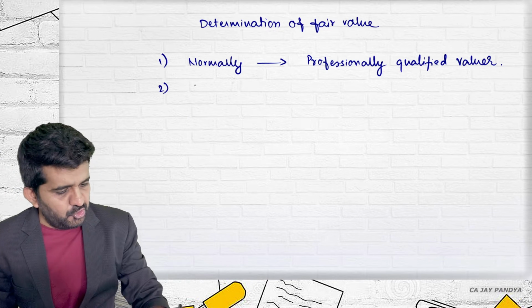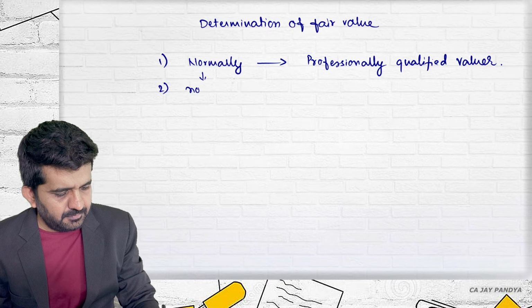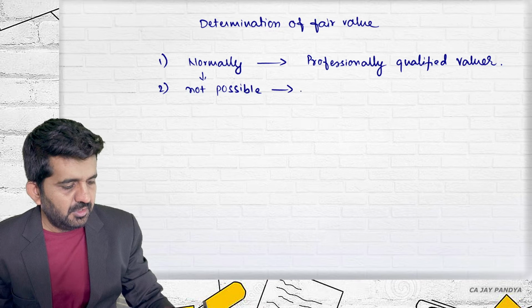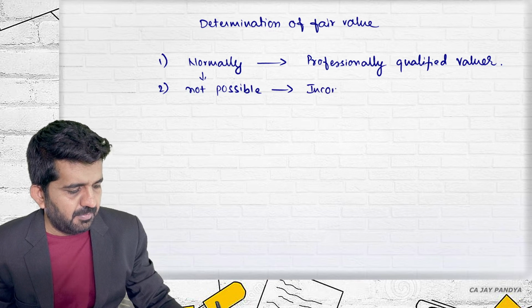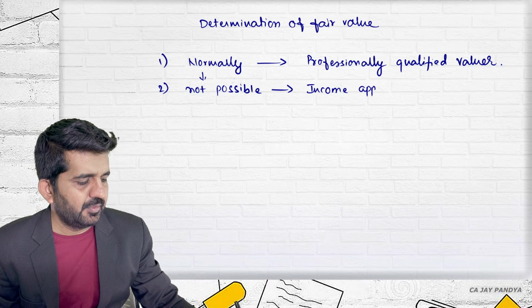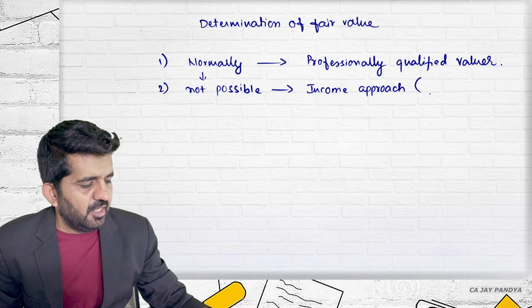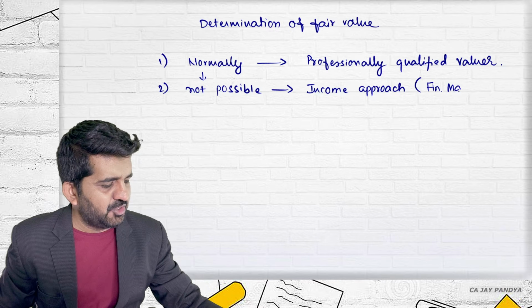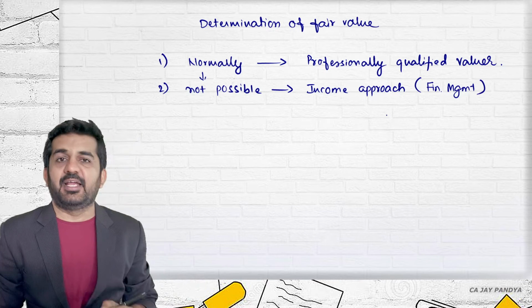But if it is not possible in this manner, then it can be done by the income approach. Now it is better to do this in the financial management subject rather than in AS 10.